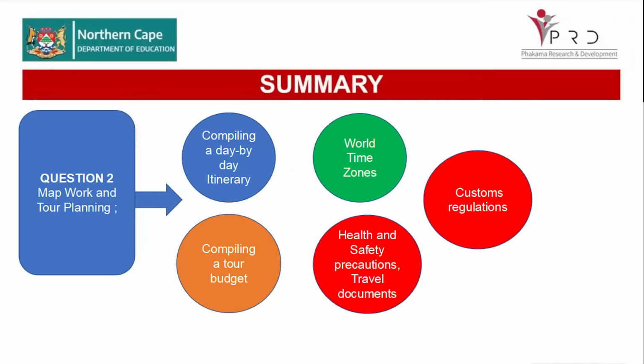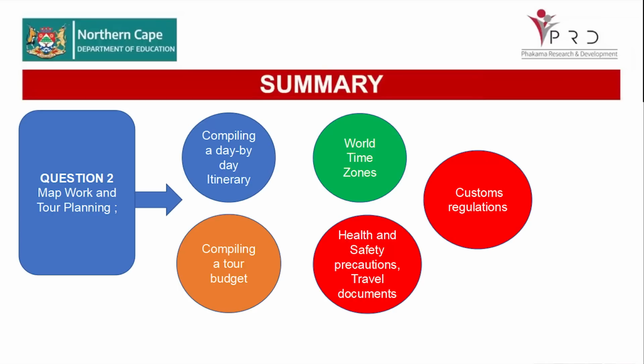And then this is our summary. Remember, we've done question 2 and also section B. Question 2 was map work and tour planning. You know that section B has got 2 topics. The first topic is map work and tour planning, and the second topic is foreign exchange.